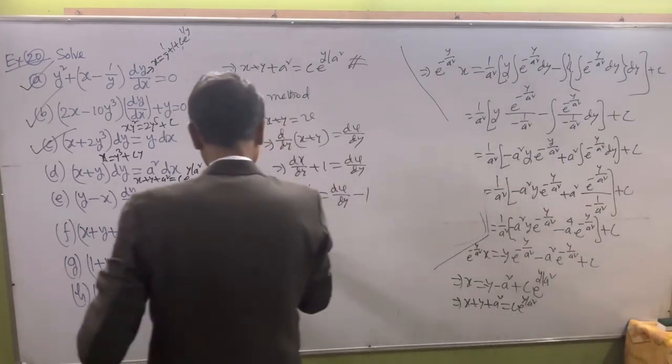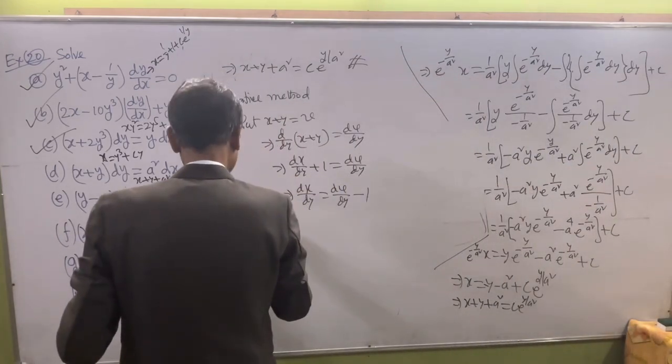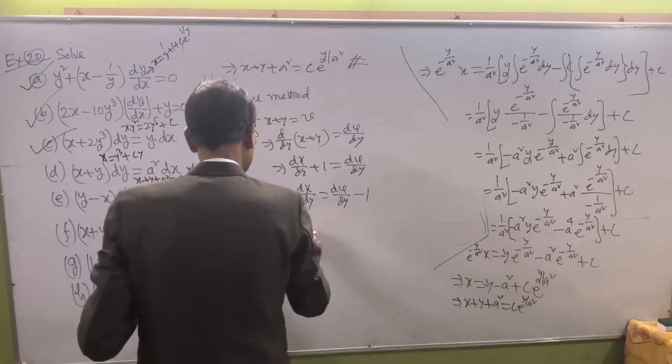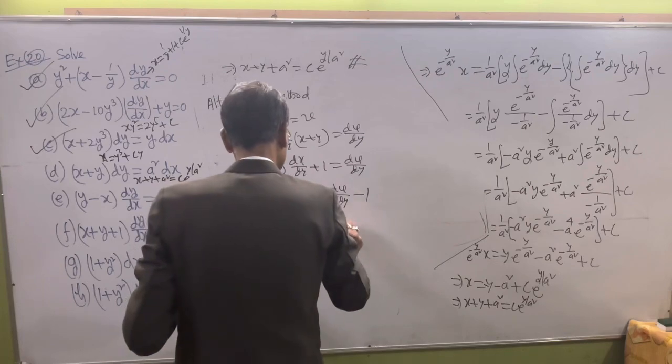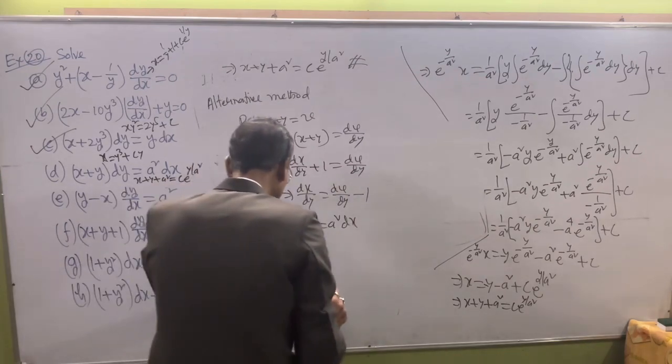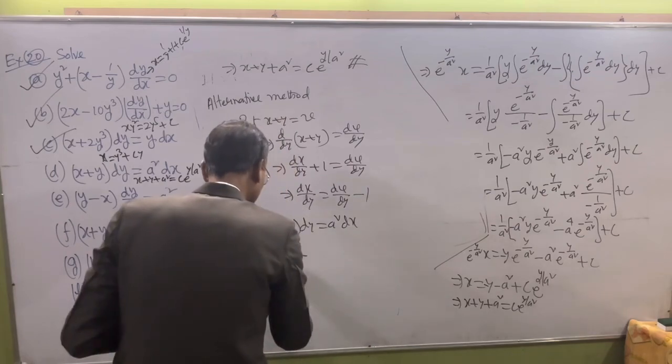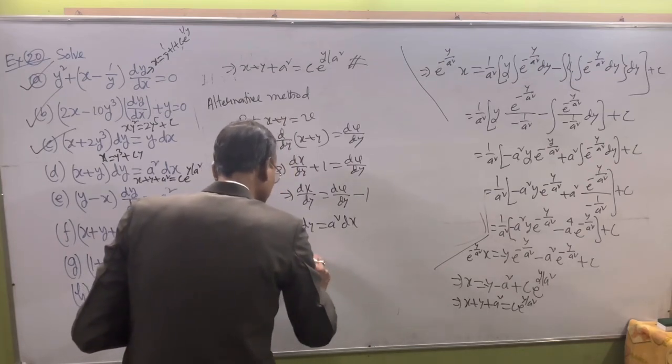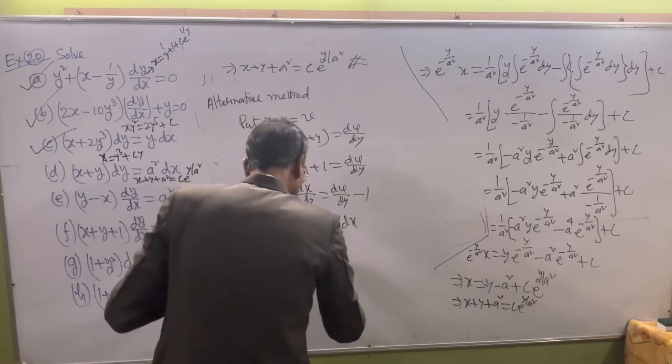Therefore, the differential equation is x plus y dy equal to a square dx, means a square dx by dy equal to x plus y.